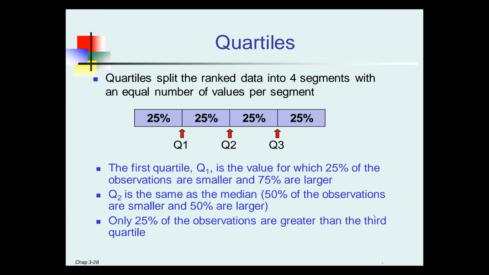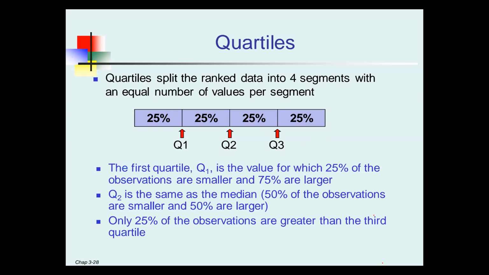So the first 25 is quarter one. So quarter 1 is 25%, quarter 2 is 50%, and 75% is quarter 3. Okay, we don't have quarter 4. We just have 3 quarters, quarter 1, quarter 2, and quarter 3. Is that okay? Yes, please.